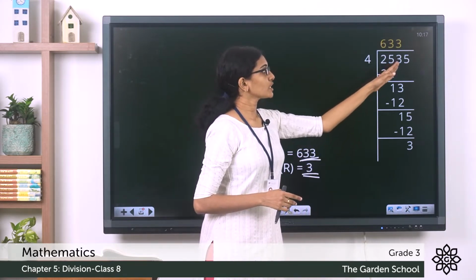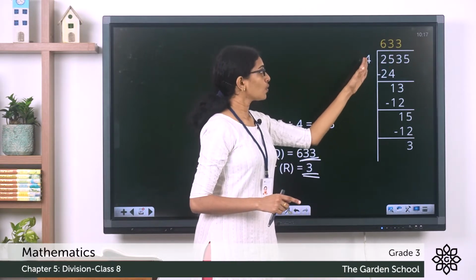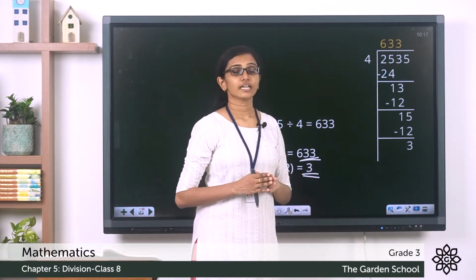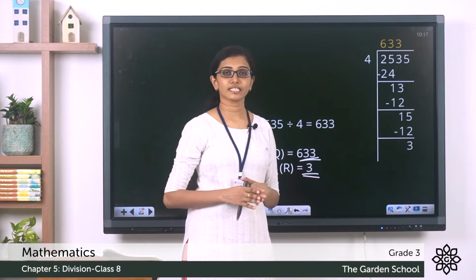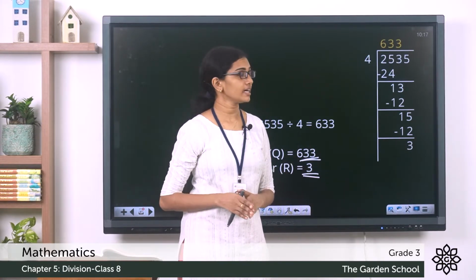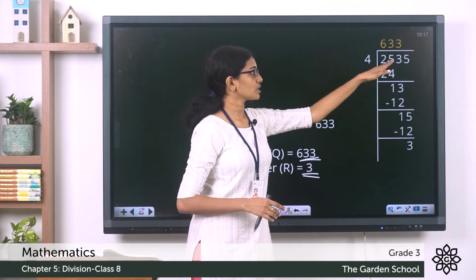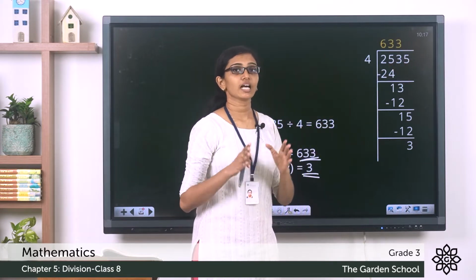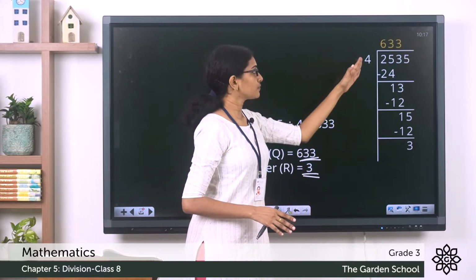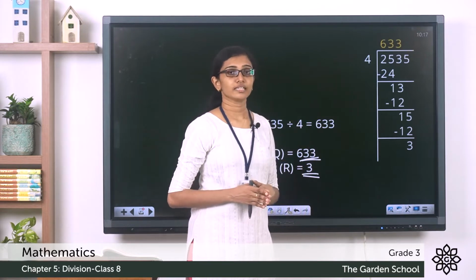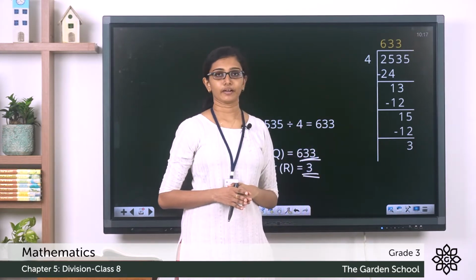This 2535 is equal to 4 into 633 plus this remainder here. Is that clear? This dividend here, 2535, is the total of this 4 into 633 plus this remainder.